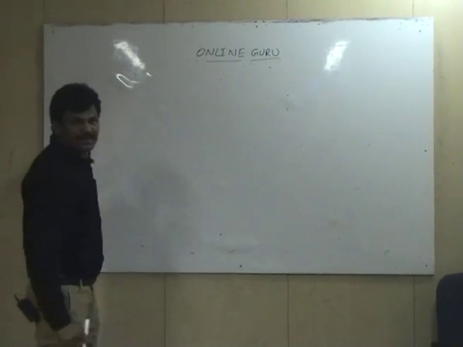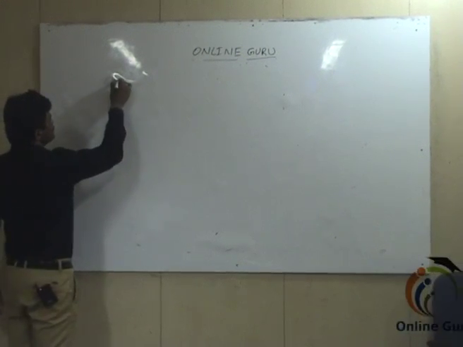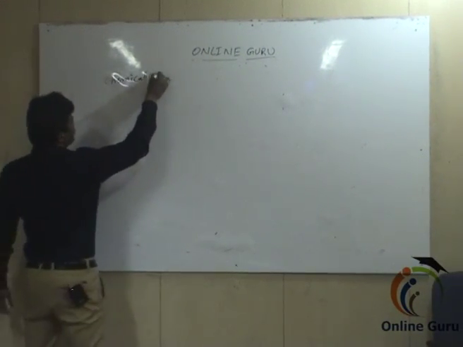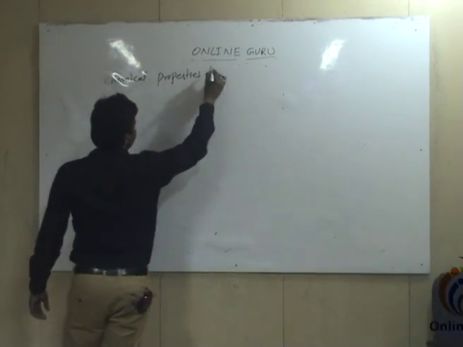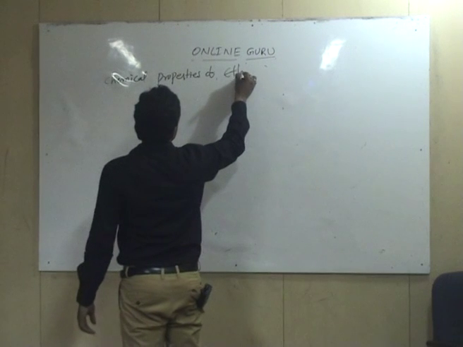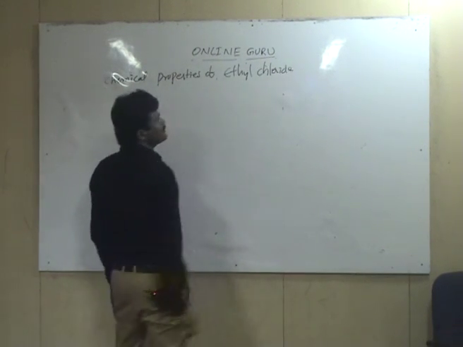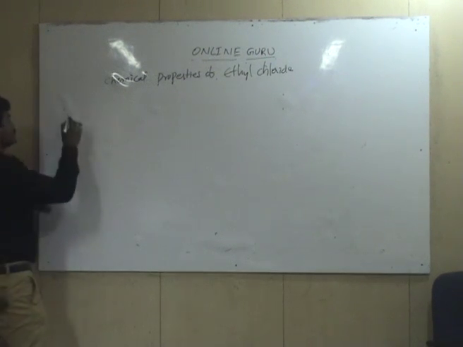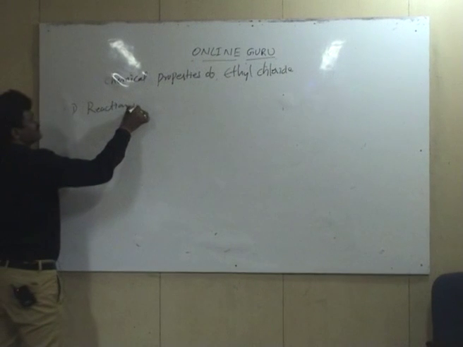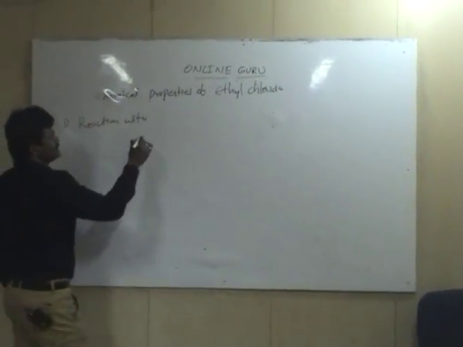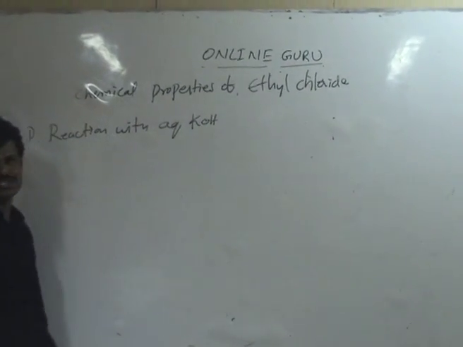Now, chemical properties of ethyl chloride. First one, reaction with aqueous KOH.